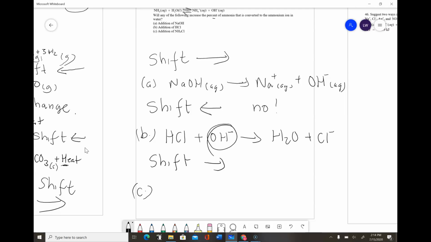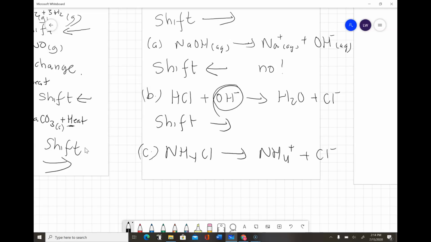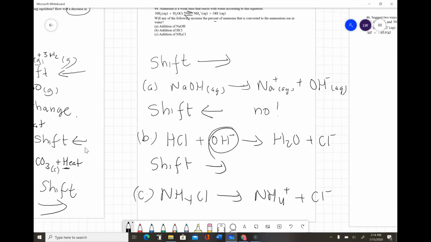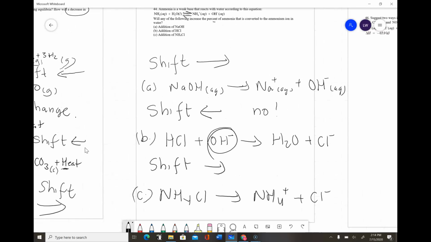Now, what about when we add ammonium chloride? Well, this is very similar to what happened in example A. So ammonium chloride is an ionic compound which will dissociate to form ammonium ions and the chloride ion. Now, the chloride ion does not appear in our equation up there, but the ammonium ion does on the right-hand side.